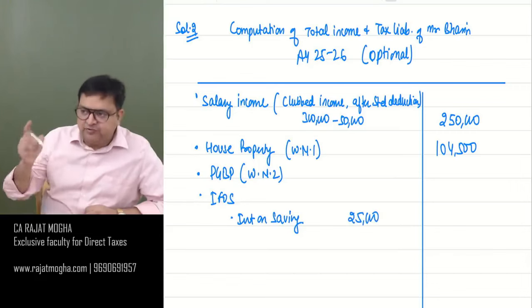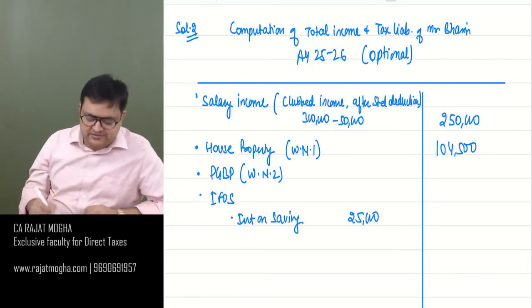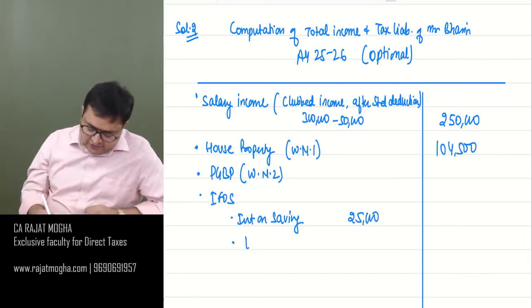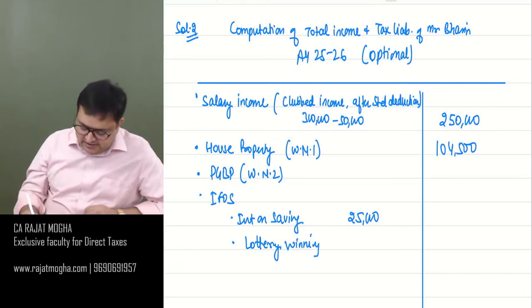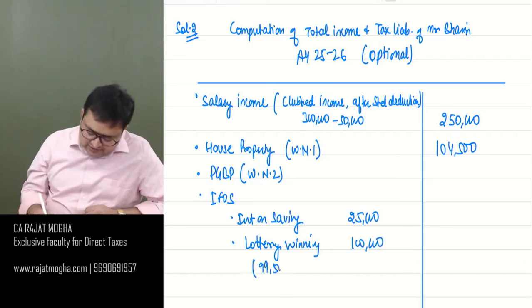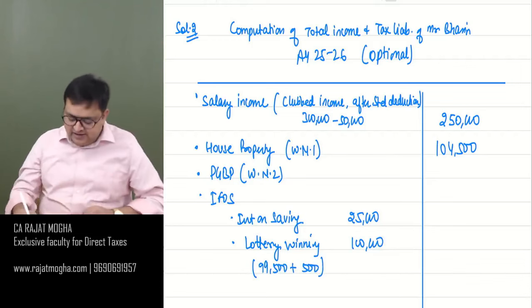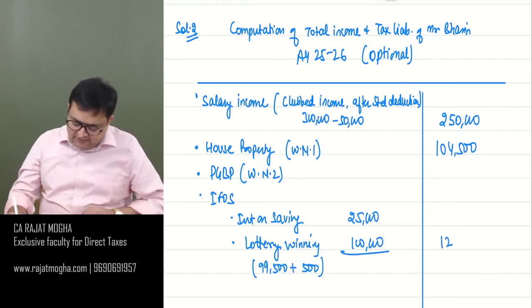And remember, we have to give TTA also, optional regime. And there is lottery winning also. In IFOS, I'll take the gross amount 1 lakh. 99,500 plus cost of lottery ticket 500. I'll take it as 1 lakh. So my IFOS is 1,25,000.